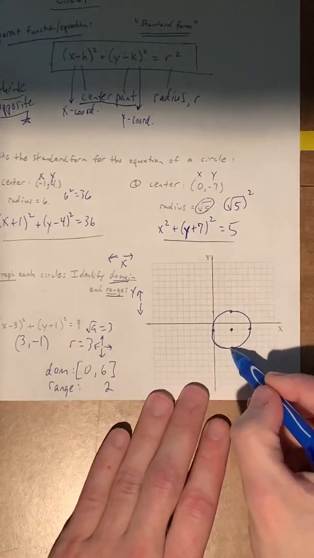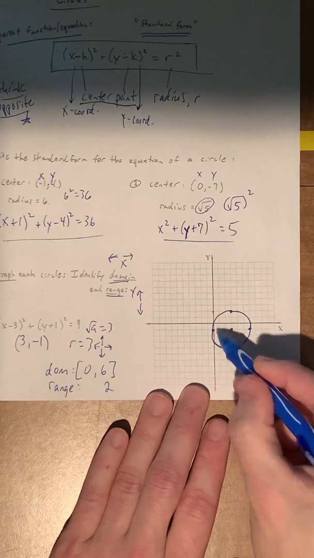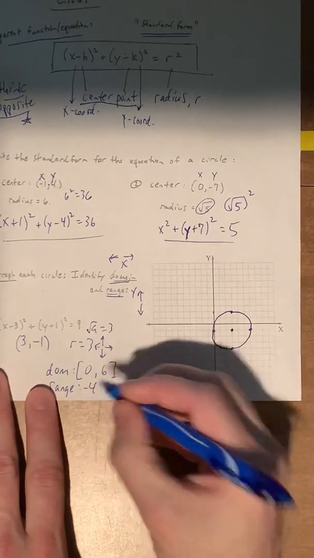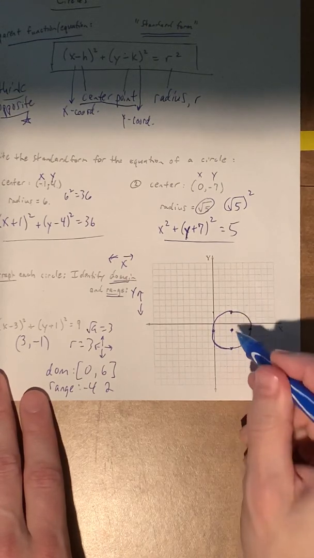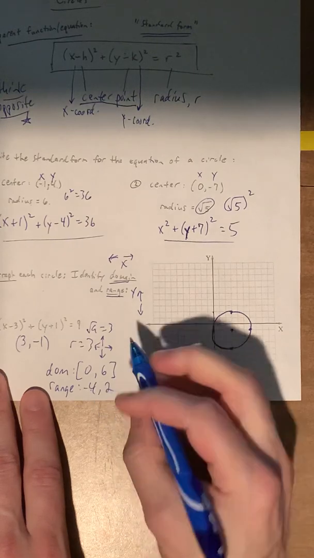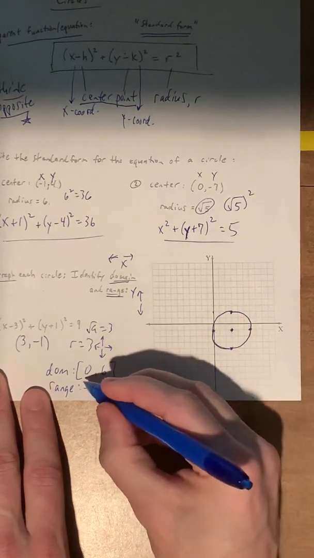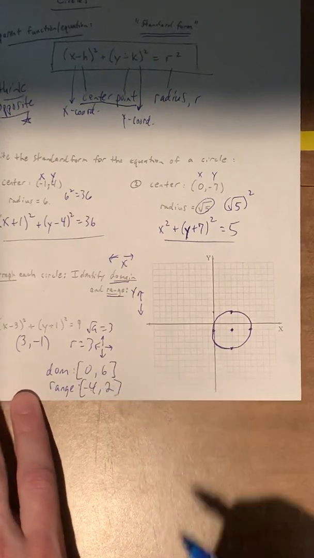And your minimum y value is down here, negative 4. So between negative 4 and 2 for your range y values, you can write that interval like this, between negative 4 and 2, minimum, maximum. And since it can equal, you put the brackets, and that's how you write your domain and range.